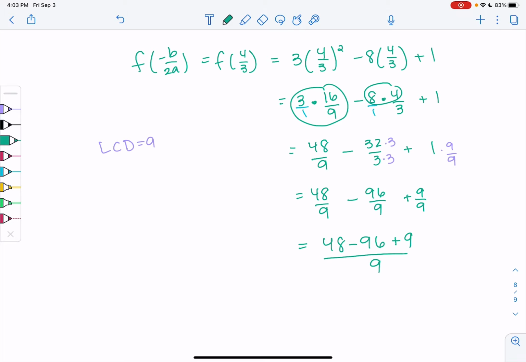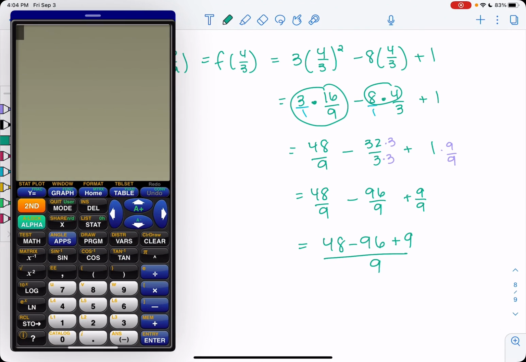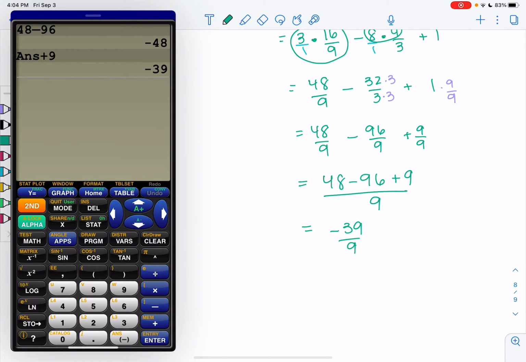I think 48 minus 96 is negative 48. We can check that. Yeah, and then plus 9, negative 39 over 9. It's not divisible by 9, so that doesn't work. But maybe we can simplify, we should check. I know 3 goes into 9, right?